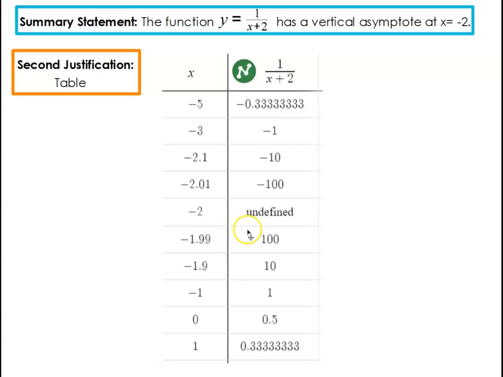We could pick numbers really, really close to negative 2, like negative 2.01, negative 1.99. If you recall when I was showing you the graph, we chose values really close, but it would never reach negative 2. It'll never cross it. So on a table, we can see the asymptote where it says undefined here.